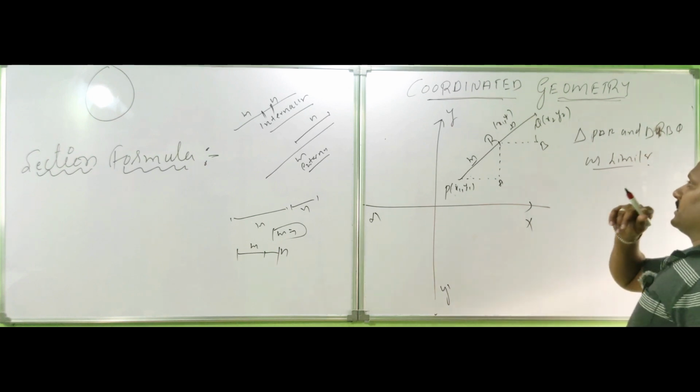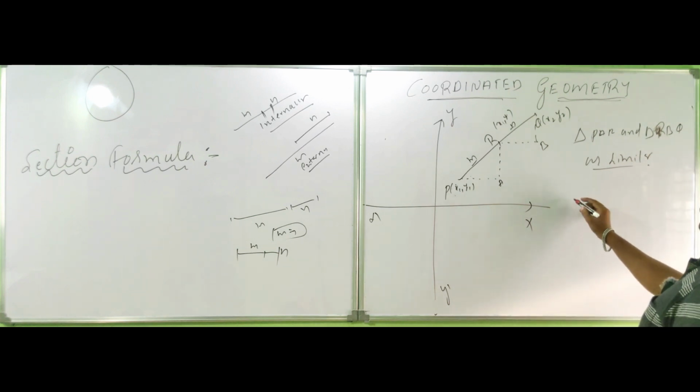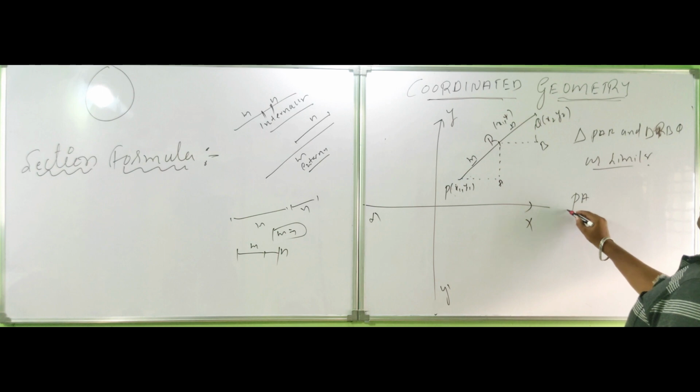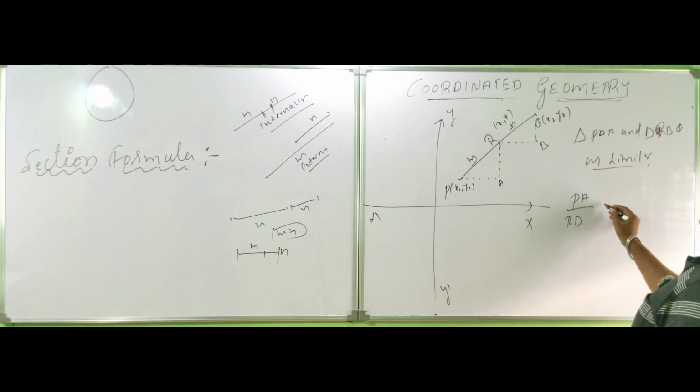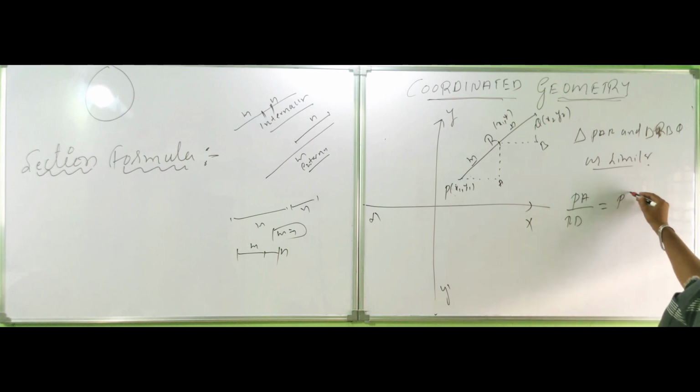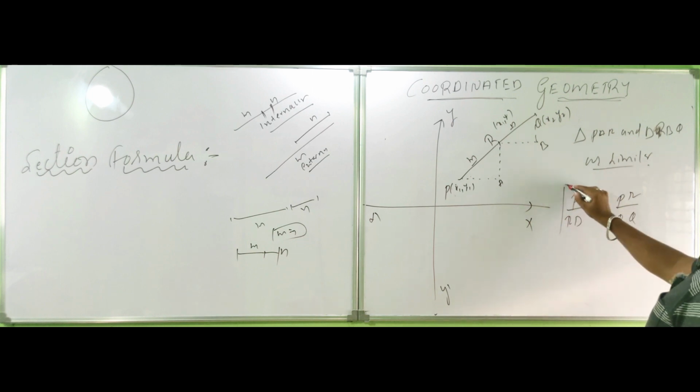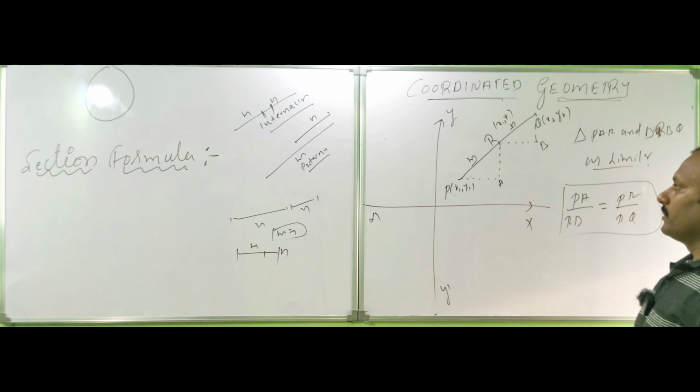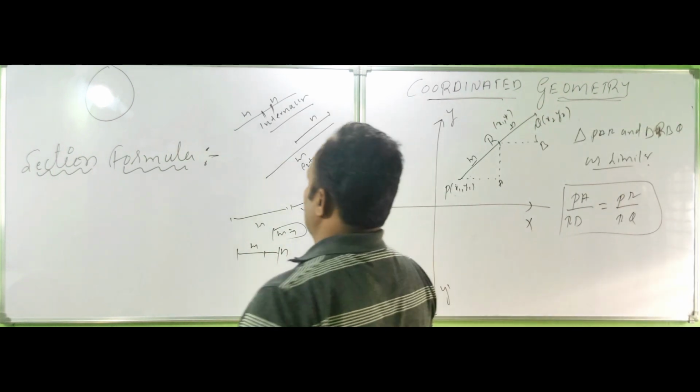Therefore PA by RB is equal to PR by RQ. Using this formula, you can find the distance.